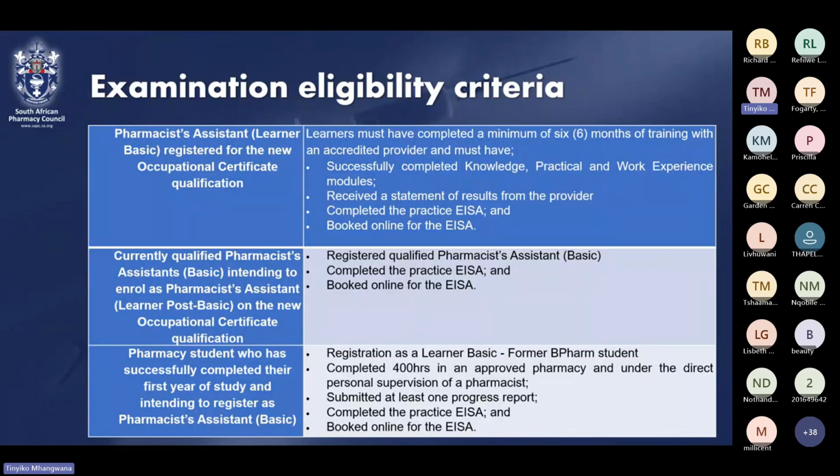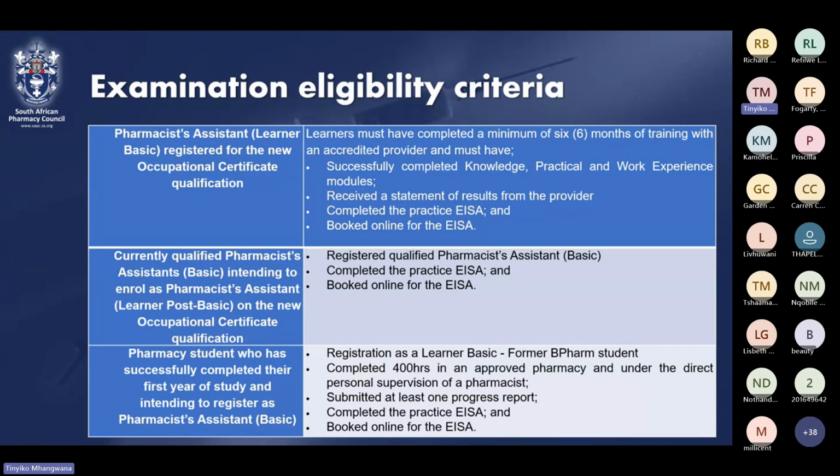It's a way for you to practice and familiarize yourself so that you can book for the actual exam. So those are the 4 criteria that the new occupational certificate pharmacist assistant basics need to fulfill before they can book for the online EISA.